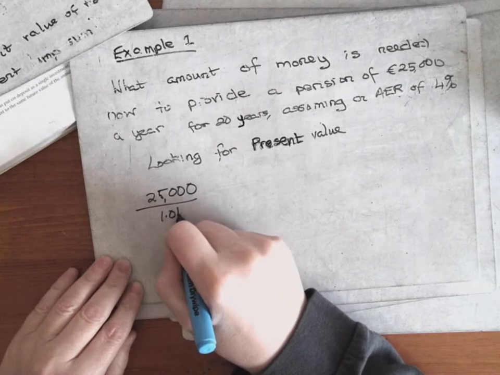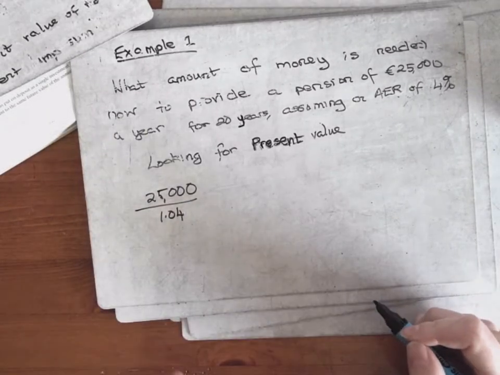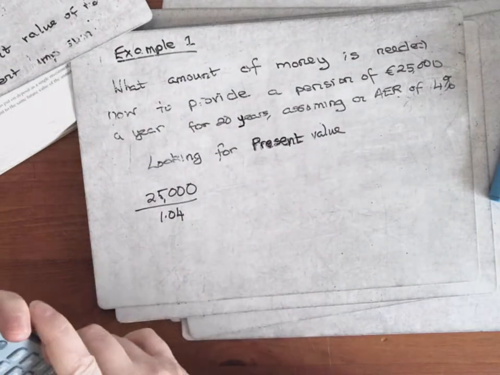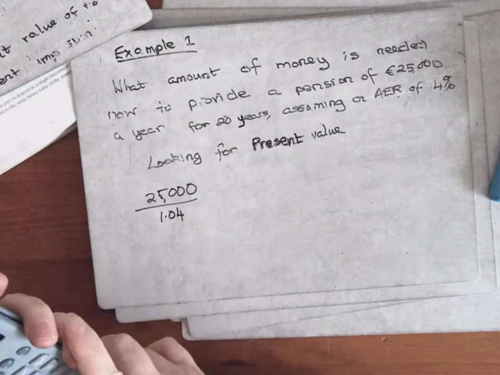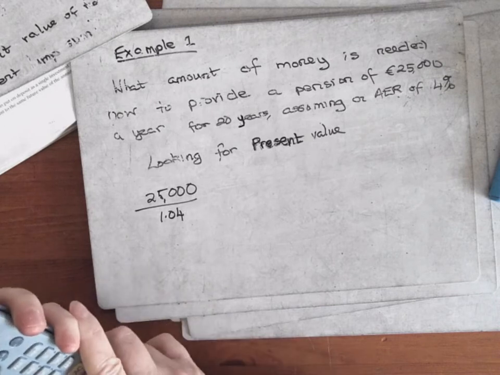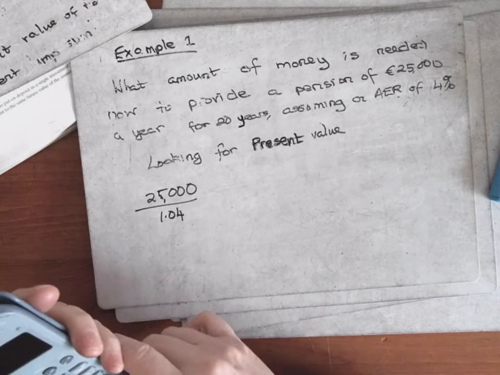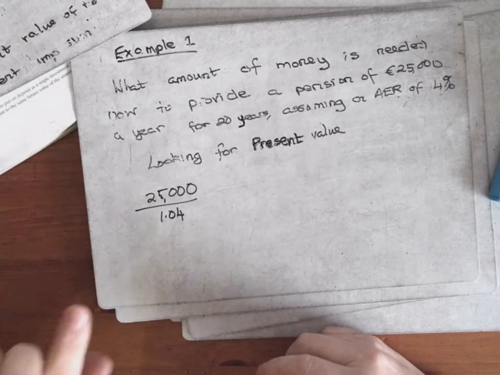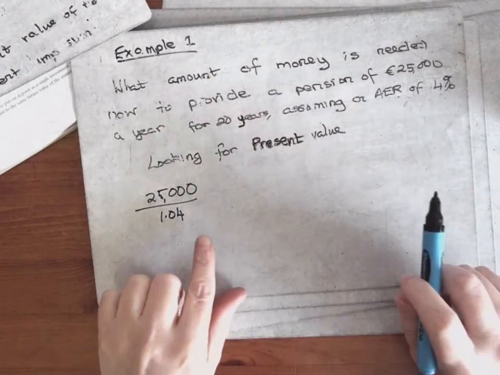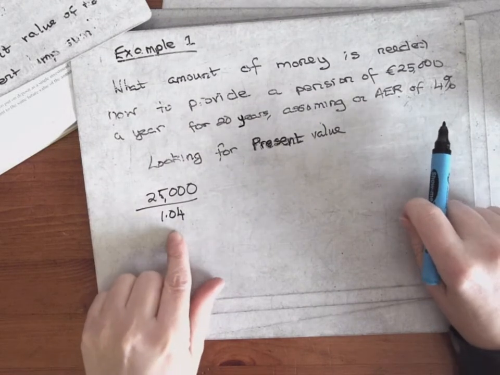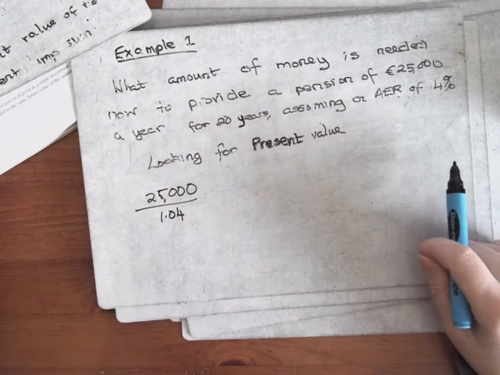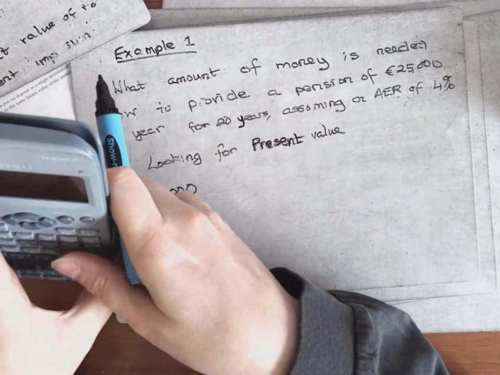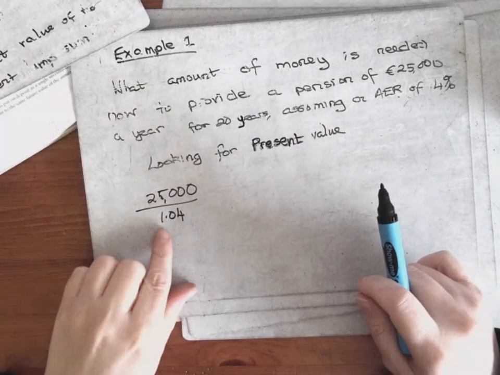So if I divide by 1.04, I'll find out how much exactly I need to save. I'm just going to do that for a minute so I can explain. Okay, that's 24,038 euros. So for my first 25,000, because they're going to give me 4% interest on it, I don't need to have saved 25,000. I need to have saved 24,038 euros.